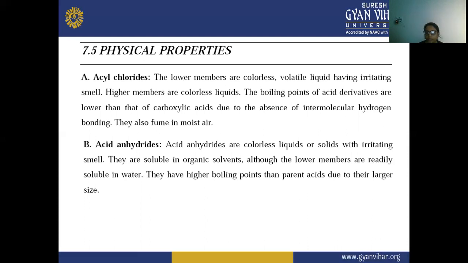In acid chloride, there is no intermolecular hydrogen bonding because there is an absence of the hydroxyl part. But in the carboxylic acid, intermolecular hydrogen bonding is present because of the presence of the hydroxyl part, and due to that their boiling point is much greater.